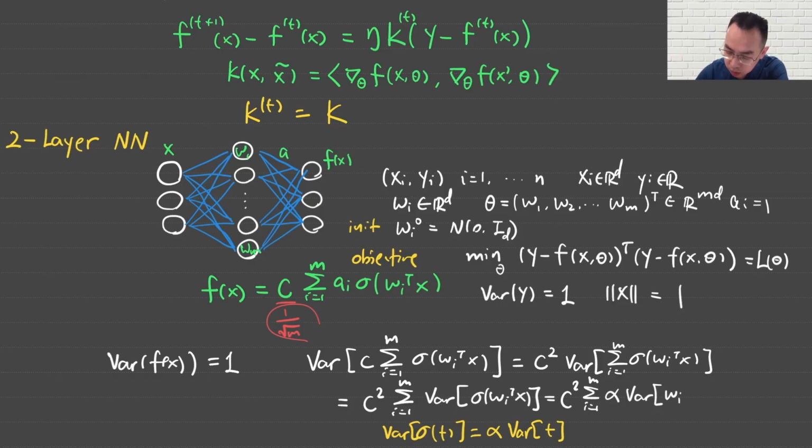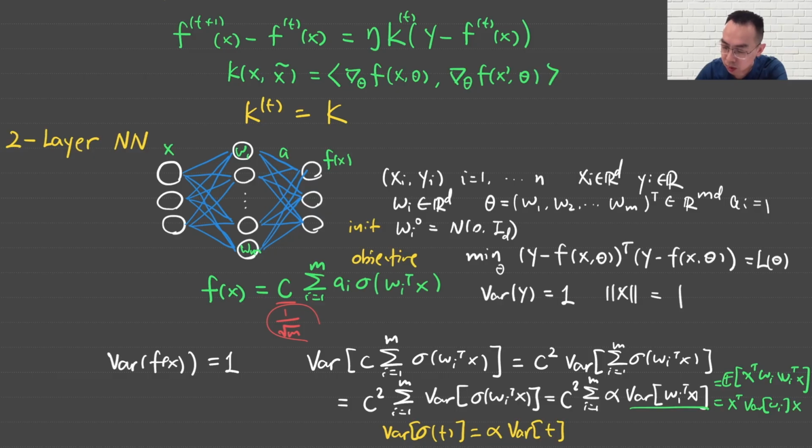w_i transpose x. This variance term actually equals the expected value of x transpose w_i w_i transpose x. So this equals x transpose, then the variance of w_i, then x.